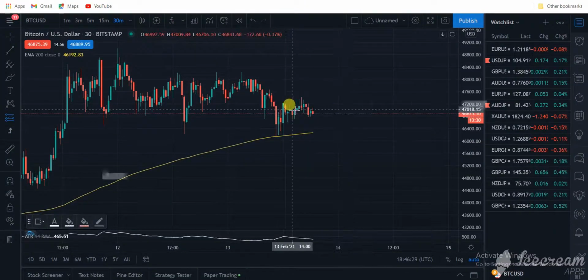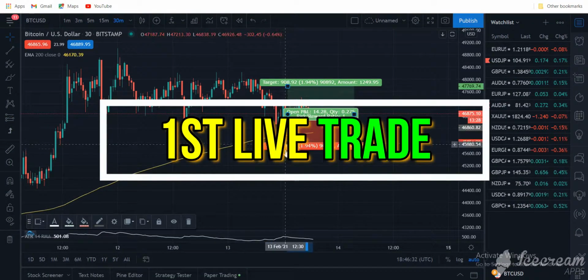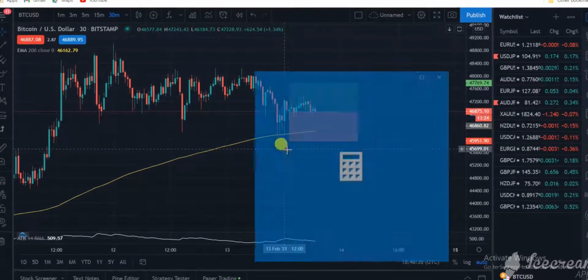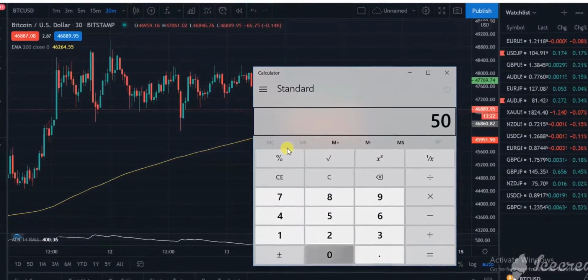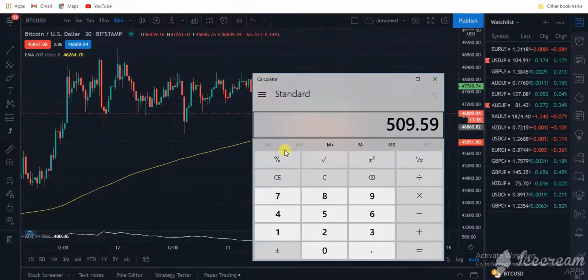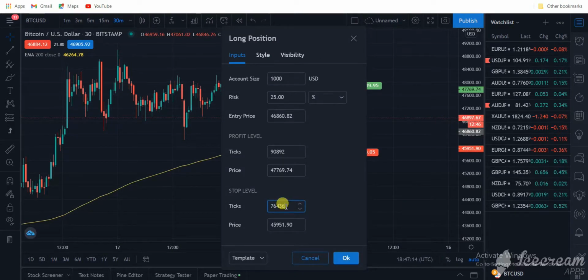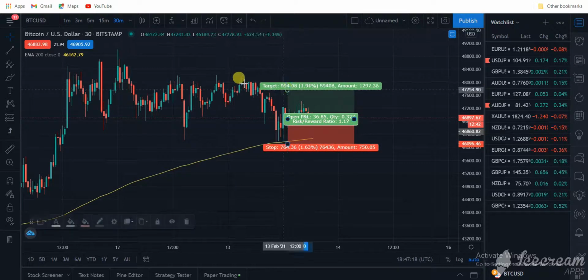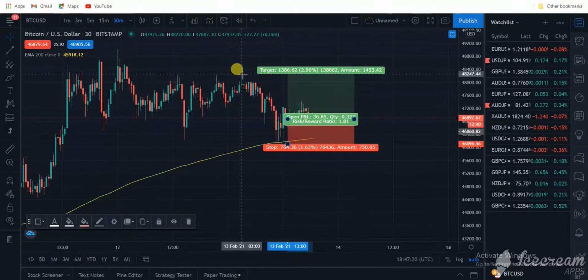Alright guys, at this point I can see an entry for a buy trade. Watch this video to the end, as I'll be explaining the strategy I used. I'm entering with a 764 pip stop, so let's get that done. My entry is right at that point, and I'm looking to target these highs right here, or this major high right here.